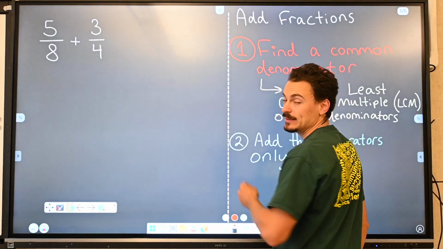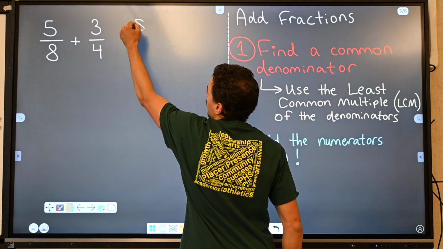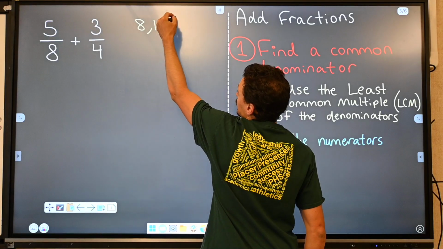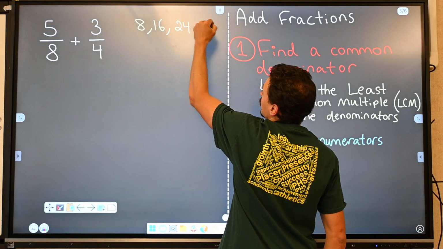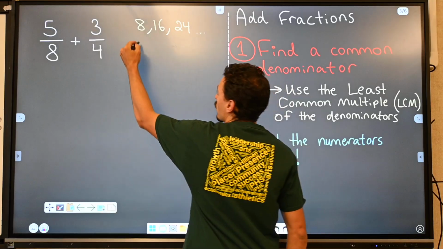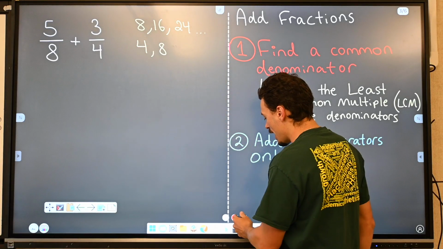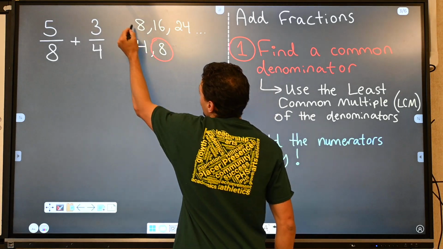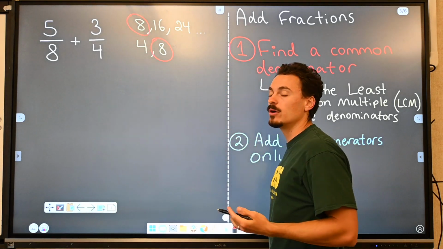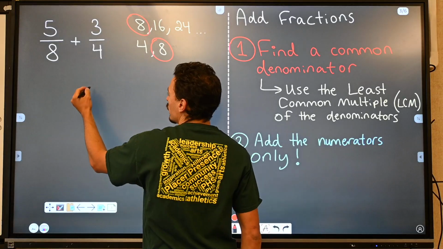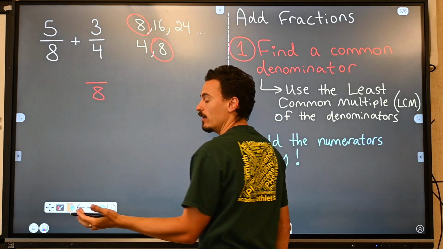This one is really nice because our multiples of 8 are 8, 16, 24, list keeps going. Our multiples of 4 are 4, 8, stop. Right there, you could stop because we already have a common denominator. So all we need to do is double 4 to get 8 on the bottom.